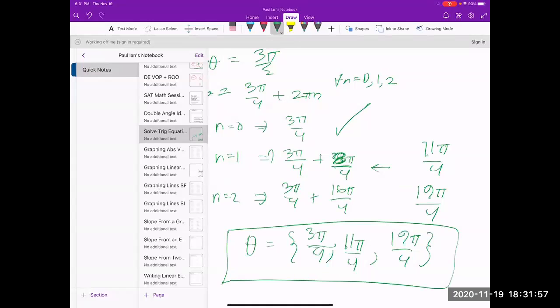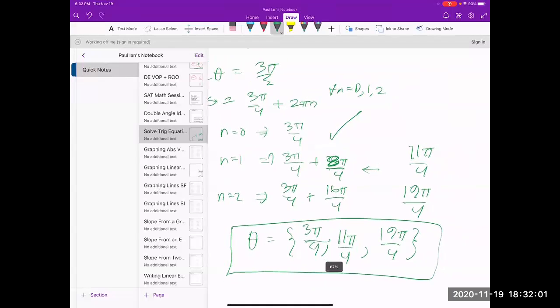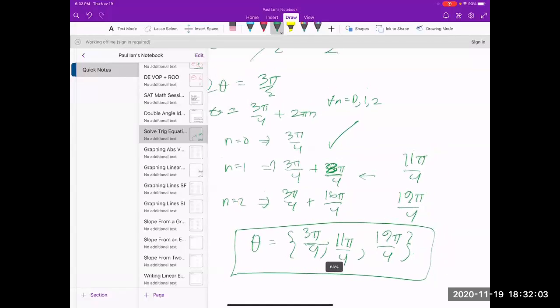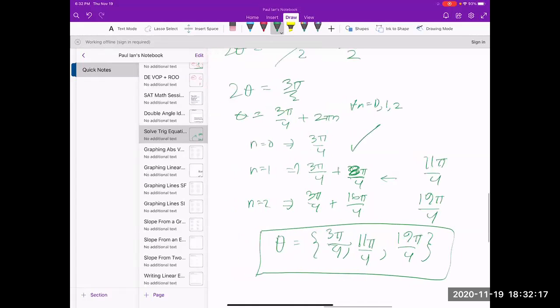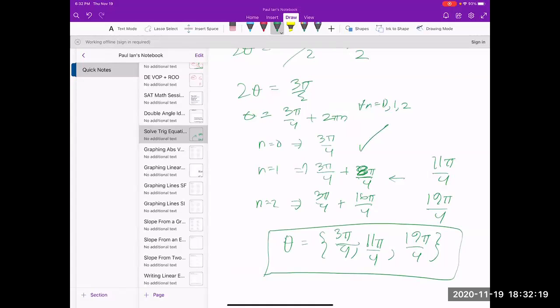What did you get? You got 7 pi over 4. Yeah, because then you just divide it by 2. The bottom would just be out of 4.